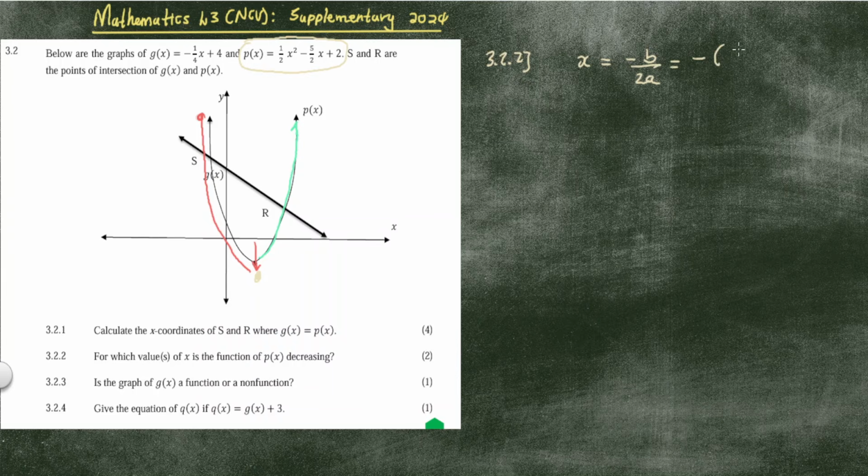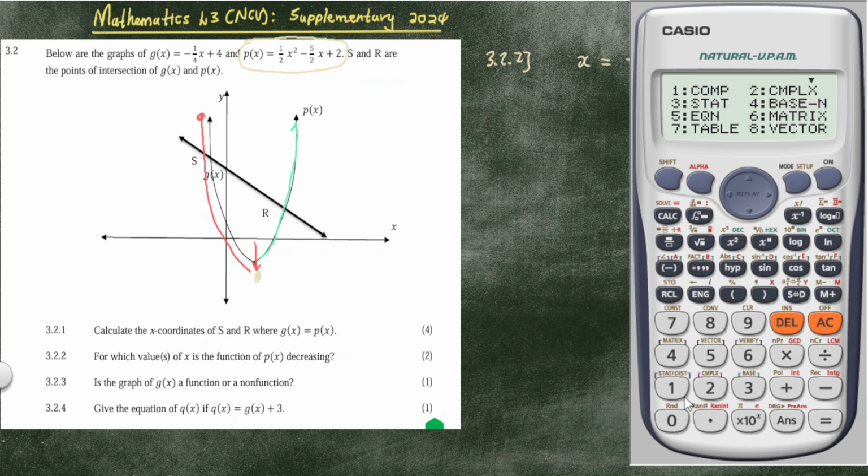The b value is minus 5 over 2, and a is a half. So we calculate minus open bracket minus 5 over 2 close bracket, divided by 2 times open bracket 1 over 2 close bracket. So the answer is 5 over 2.